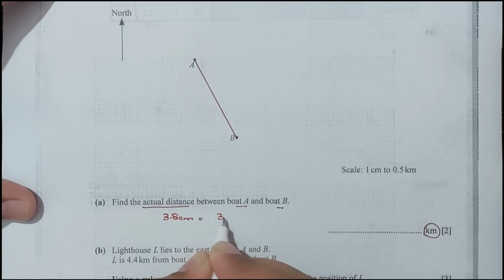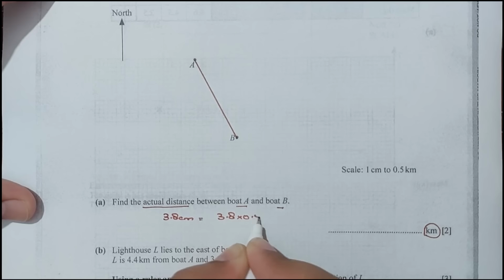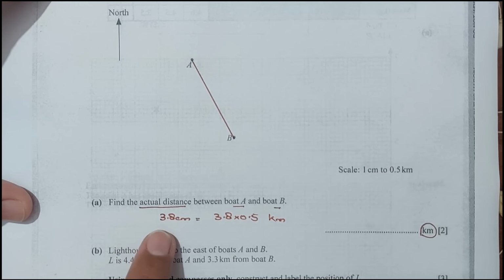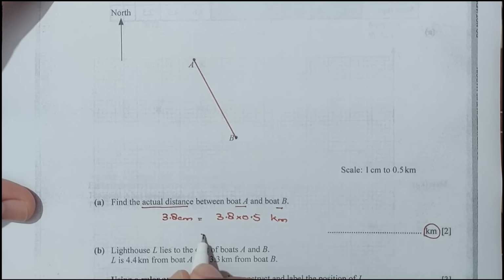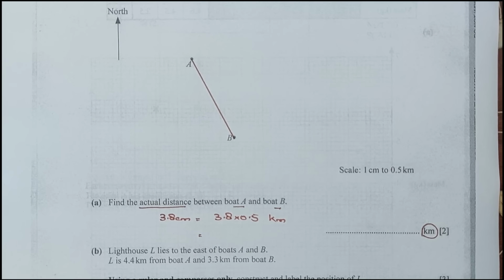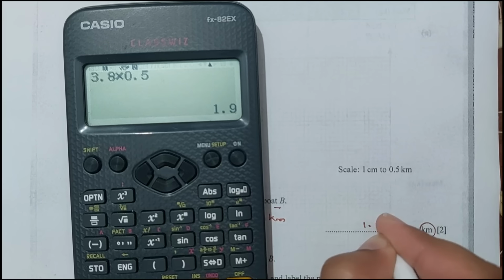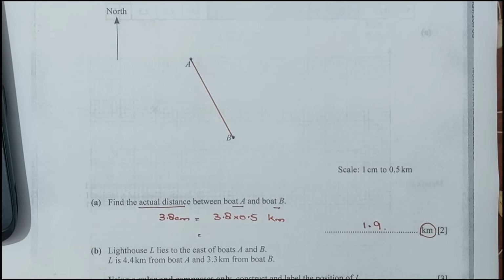So this is 3.8 multiplied by 0.5 in terms of kilometers. If 1 centimeter is this much, then what about 3.8 centimeters? 3.8 times 0.5. Let me calculate this. 1.9 kilometers. This is the actual distance.